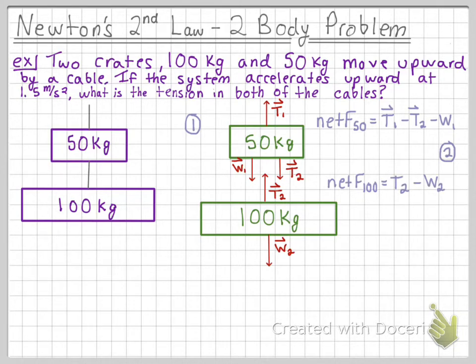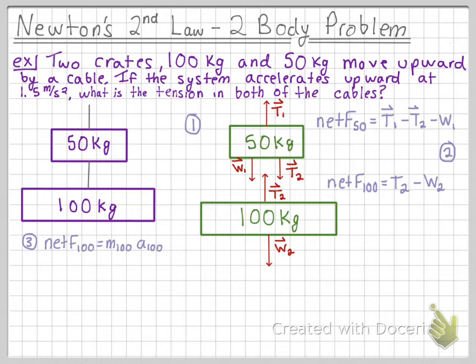The third step to solving Newton's second law problems is to set the net force equal to the object's mass times its acceleration. Let's first look at the 100 kilogram block, because we only have one of the unknown tension forces acting on this block.